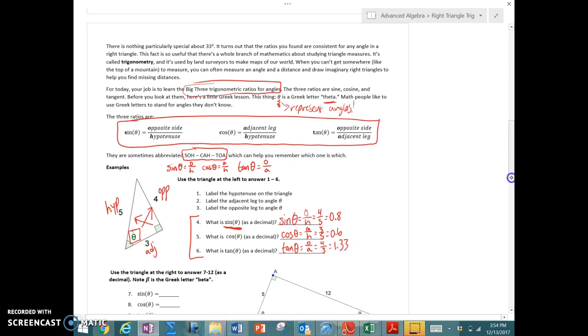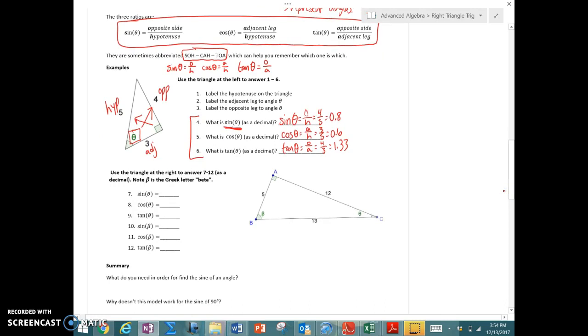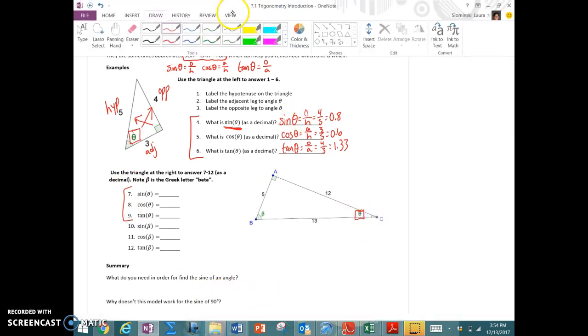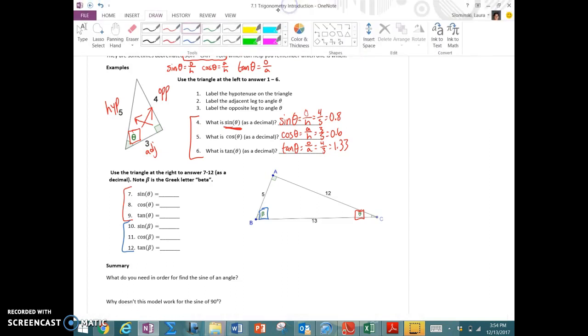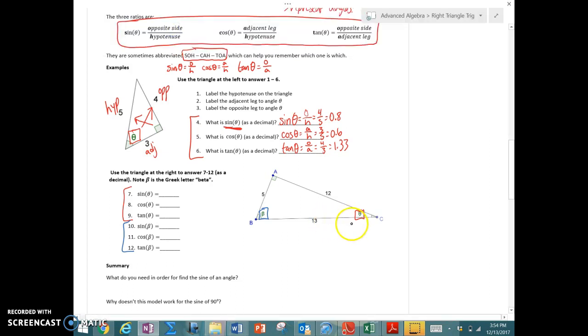Last but not least, we do have to account for the fact that sometimes within one triangle, they'll give me 2 different angles. In this case, questions 7, 8, and 9 are asking about theta, whereas questions 10, 11, and 12 are referring to beta. In this case, I actually have to label my triangle twice. So for 7, 8, 9, from theta across, this is the opposite.